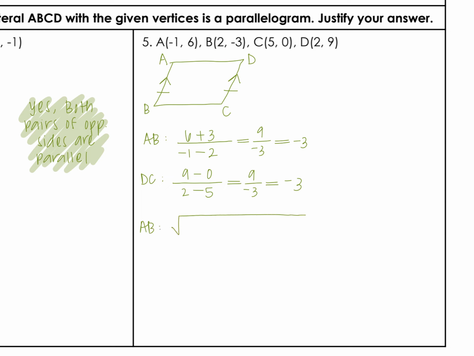Now I need to prove that they are congruent using my distance formula. Okay, so we're going to plug into the distance formula here. We have the square root of, and then in parentheses, I'm going to do the difference of my x's. So we'll have negative 1 minus 2 squared plus then the difference of my y's, so 6 minus negative 3, which will give me plus 3 squared.